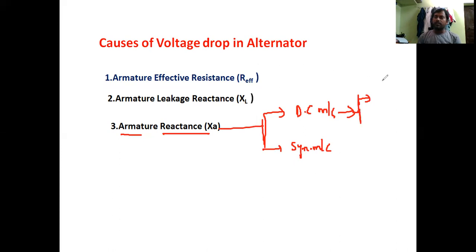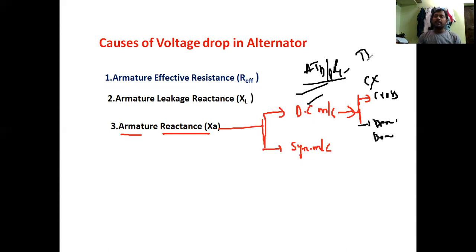One is the cross magnetization effect, and the next one is the demagnetization effect, in DC machines. For that, we have different formulas: ATd per pole, demagnetizing ampere turns per pole, and ATc per pole, cross magnetizing ampere turns.